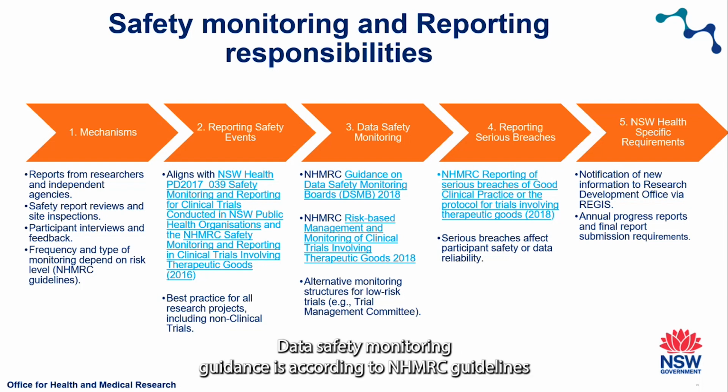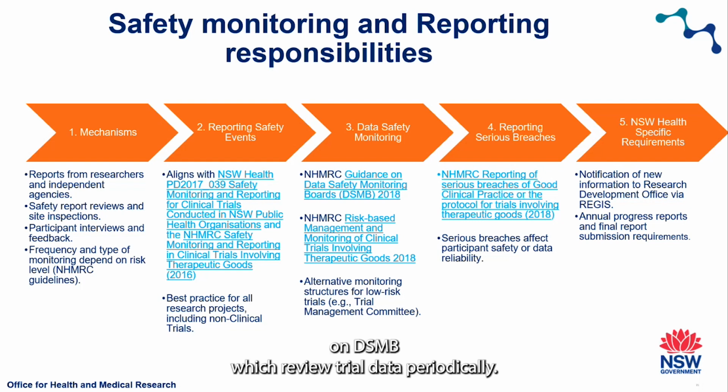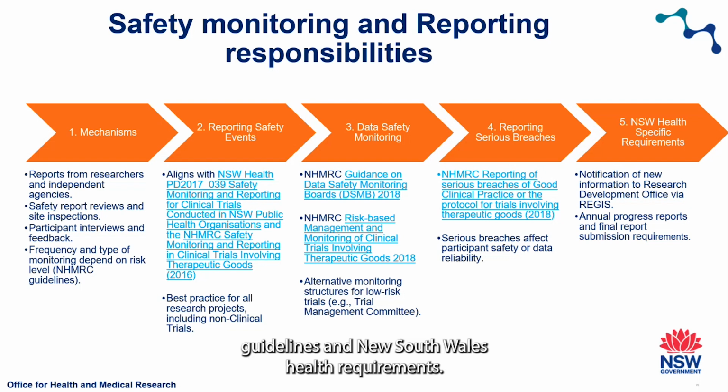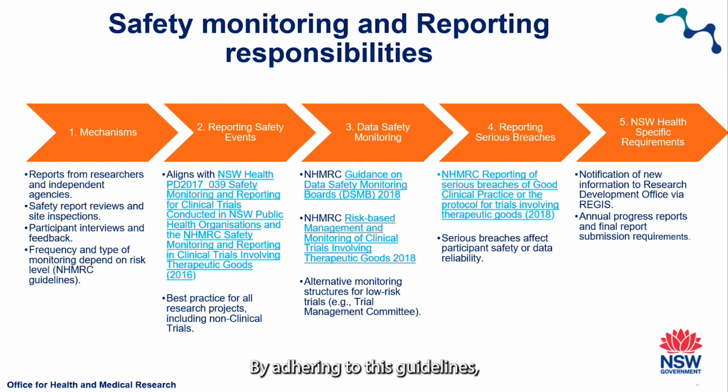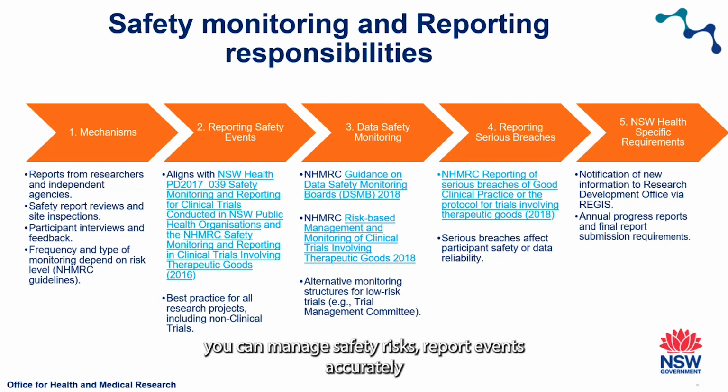Data safety monitoring guidance is according to NHMRC guidelines on DSMBs, which review trial data periodically. Reporting serious breaches, they again align with NHMRC reporting guidance and New South Wales health requirements. By adhering to these guidelines, you can manage safety risks, report events accurately, and comply with all relevant safety and regulatory standards.